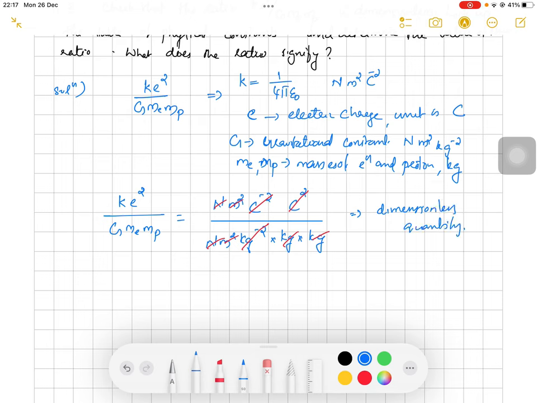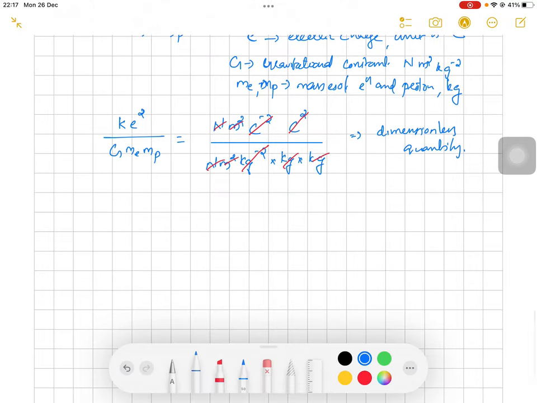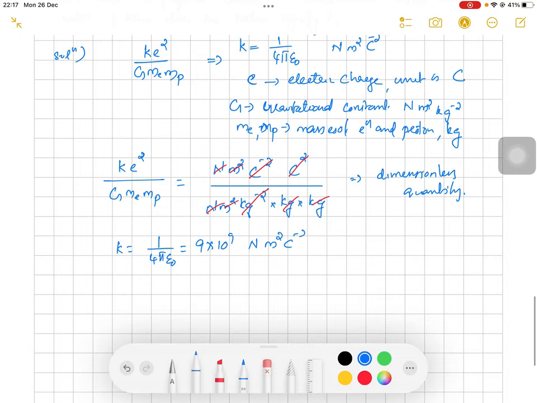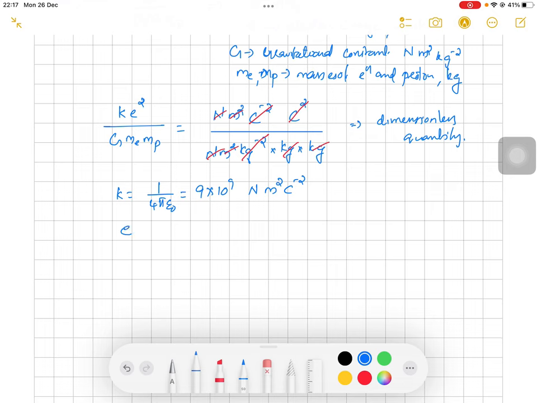Now we have to find the value of this quantity ke² by G me mp. We know K is 1 by 4 pi epsilon 0, whose value is 9 into 10 raised to 9 Newton meter square per Coulomb square. The electric charge e is 1.6 into 10 raised to minus 19 coulombs.